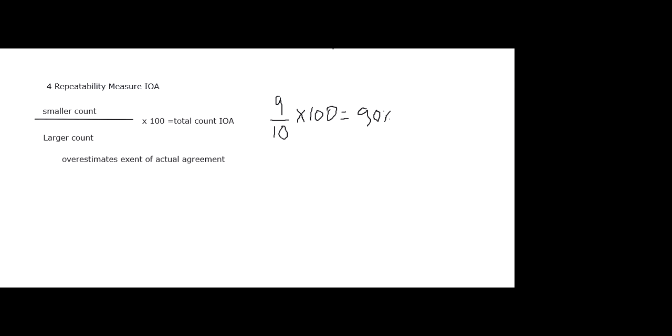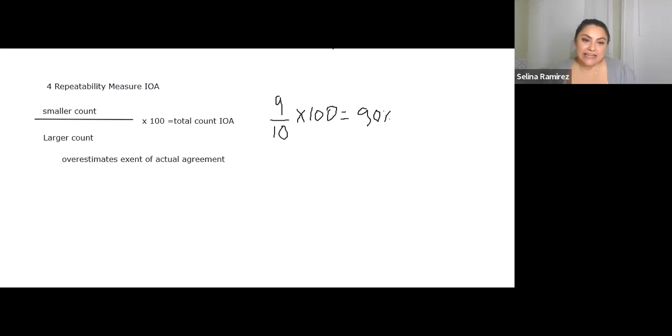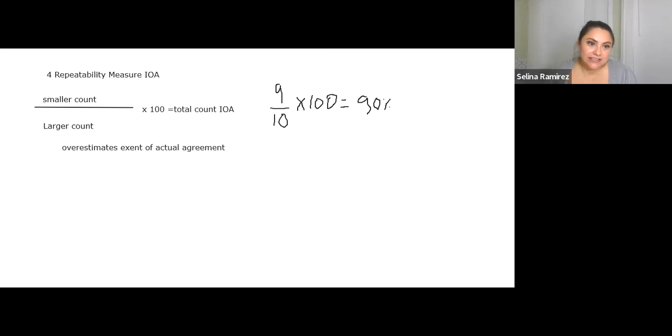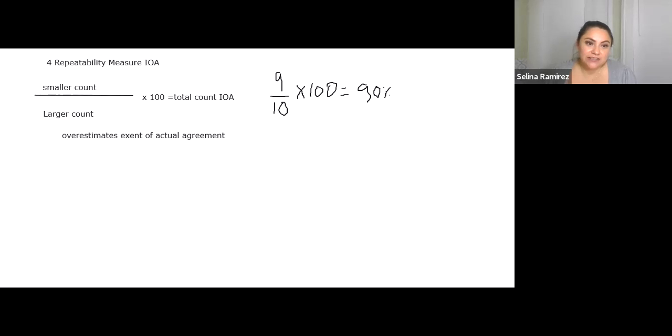Two people are taking data each minute. So there's less chance that you're going to have a different reading, you're not going to miss as compared to if you're just doing the total count. After 5 minutes, you're putting everything together. Yes. So that's why it's saying that they're not as reliable. It overestimates the extent of actual agreement.